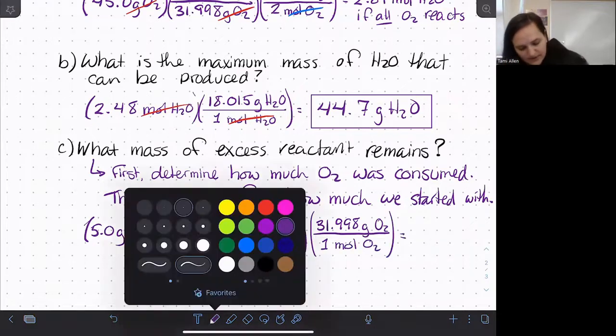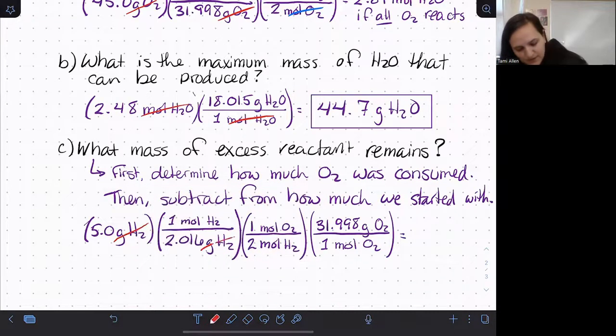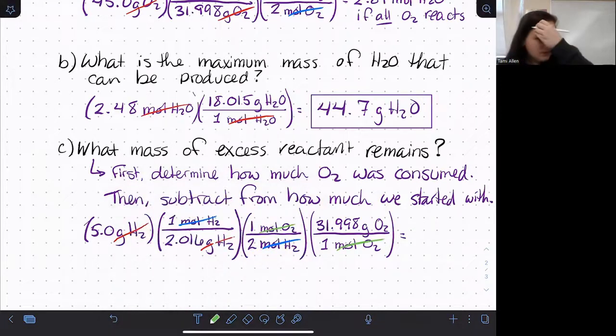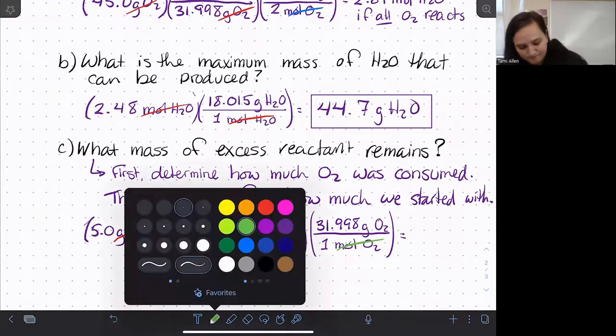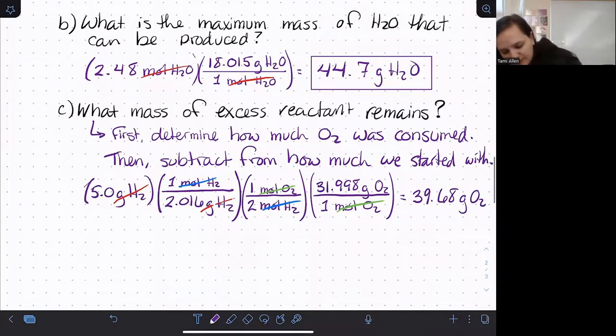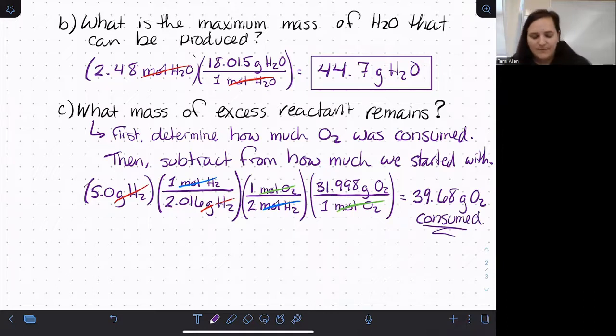So we can see that grams of H2 cancels grams of H2, moles of H2 cancels moles of H2, and moles of O2 cancels moles of O2. And we are left with units of grams of oxygen, which is where we want it to be. So we find that about 39.68 grams of O2 were consumed in the reaction.